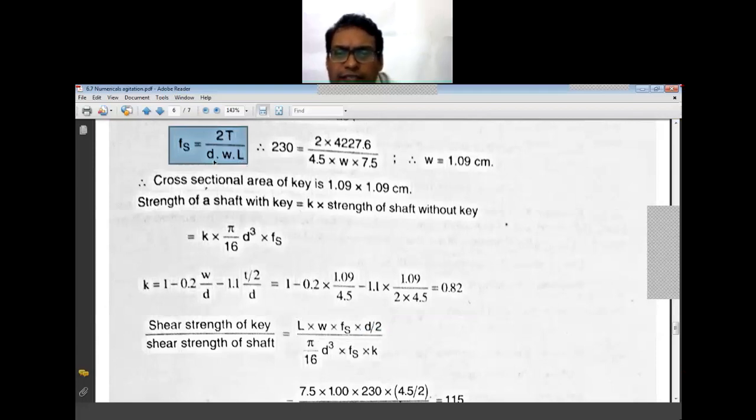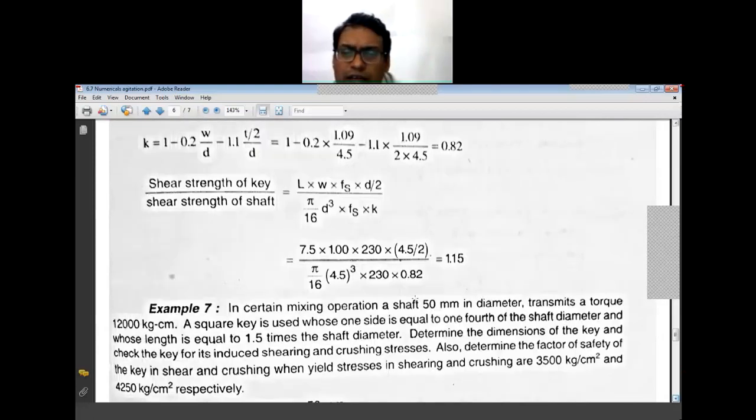W into L into Fs into d by 2 is nothing but the torque T, upon the shear strength of the shaft, which is equal to pi d cube upon 16 into Fs into K, the ratio. That comes as 1.15. So it is suitable or sufficient to have this diameter.